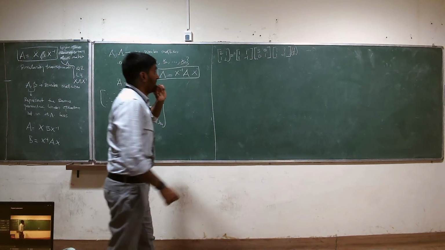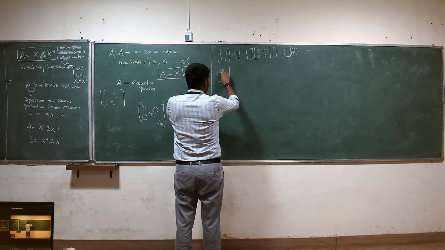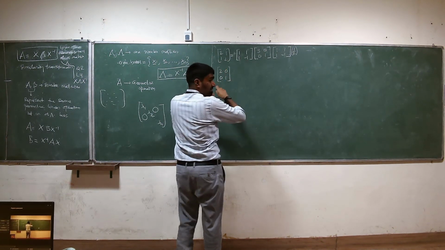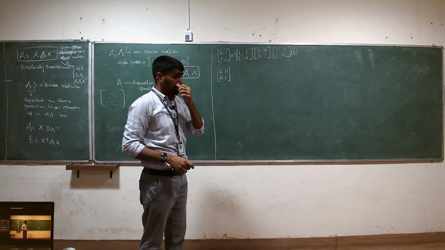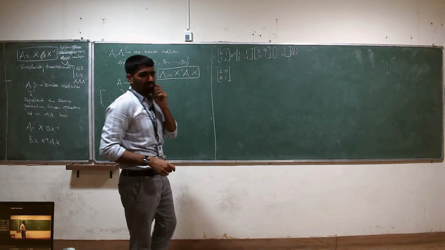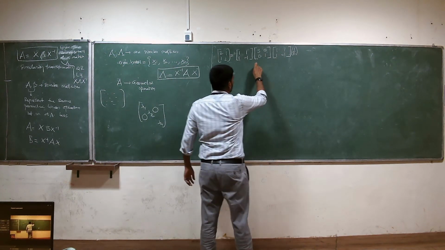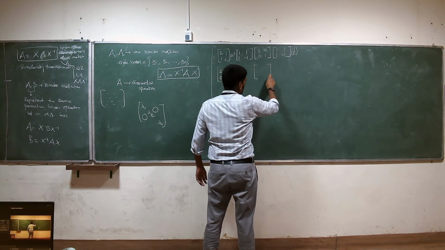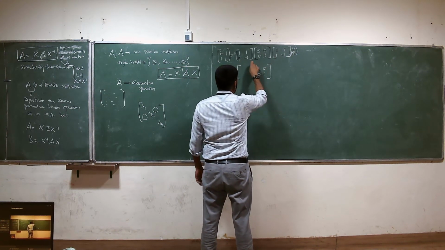Okay, it's okay. What about the next one? What is the next matrix? Was it 2, 0, 0, 1? Is it this? Yeah, okay. What about here?